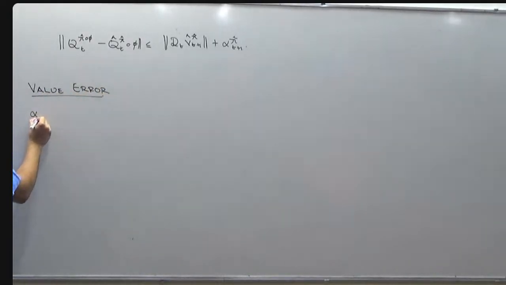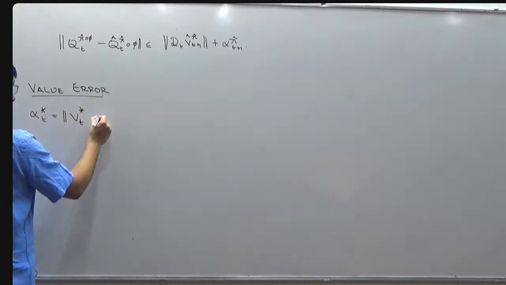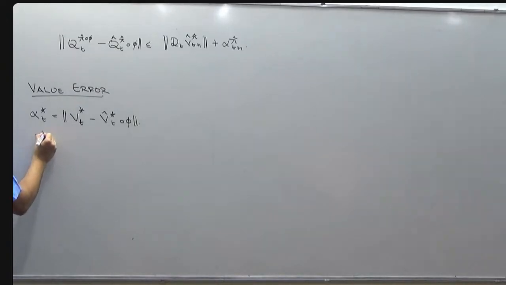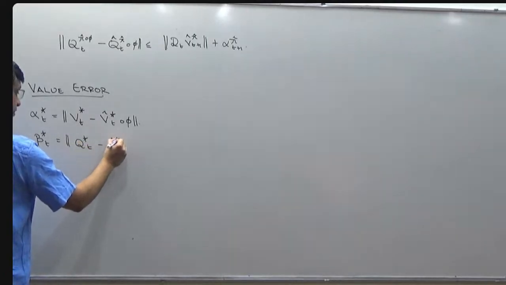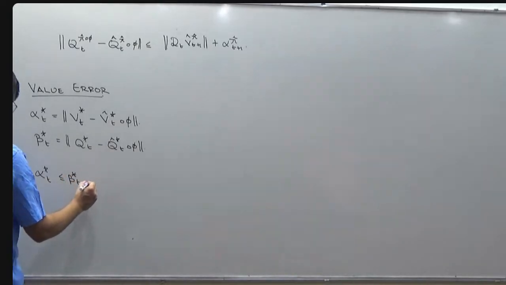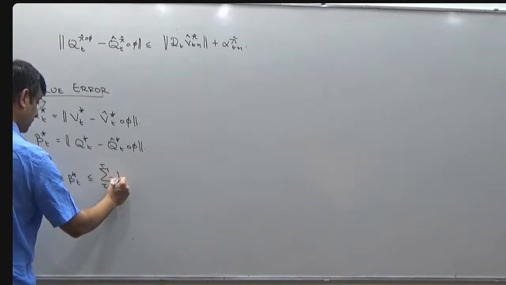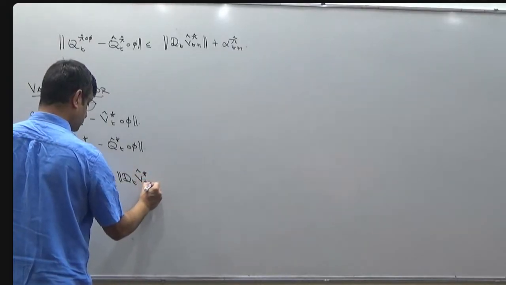With the value error, I'll define alpha star t to be equal to v star t minus v hat star t composed with phi, beta star t to be q star t minus q hat star t composed with phi, and I'll claim that alpha star t is less than or equal to beta star t, which is less than or equal to the summation from tau equals t to capital T of the mismatch Bellman operator applied on v hat star t plus 1.